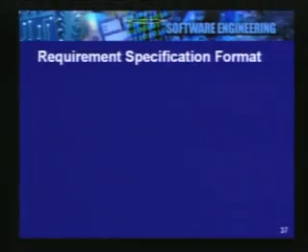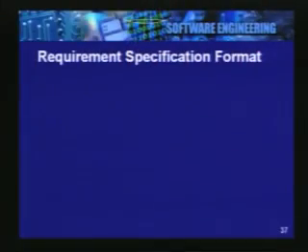We will now look at the format of the requirement specification document. It is very important to understand this clearly, because this is one of the very important documents. As we said earlier, it becomes a baseline for a contract between the user and the developer.